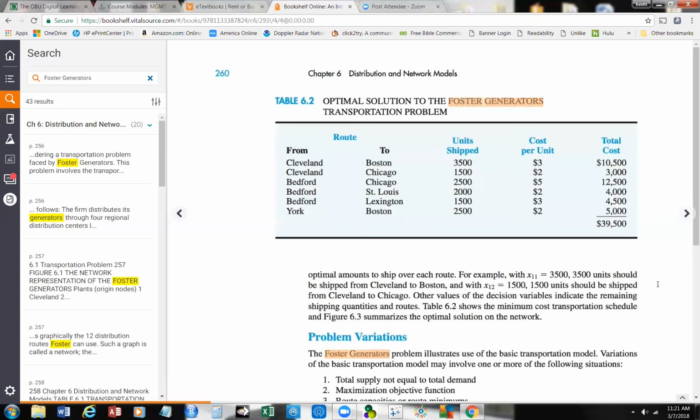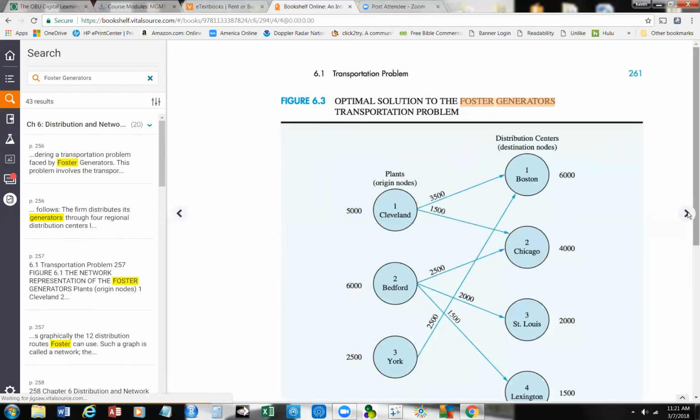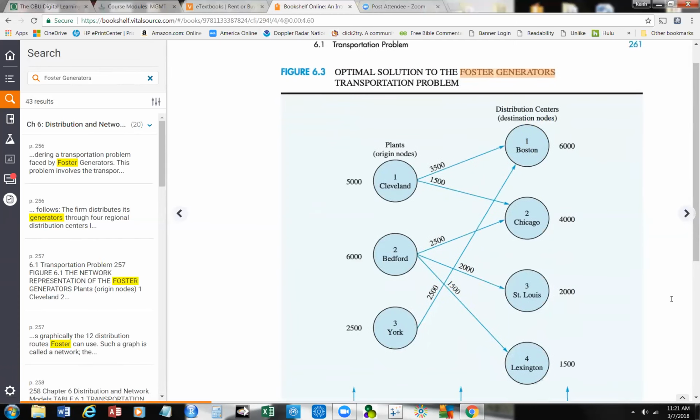We can see the route, the units shipped, the cost per unit, and our total cost. And if we had to assume some changes, this would change our efficiency level, or change where we look. And here, of course, is the optimal solution.